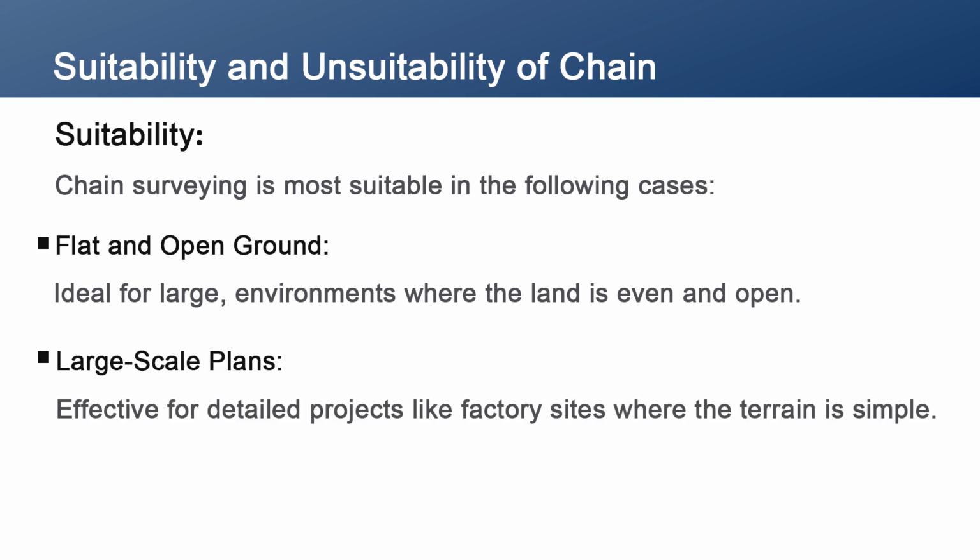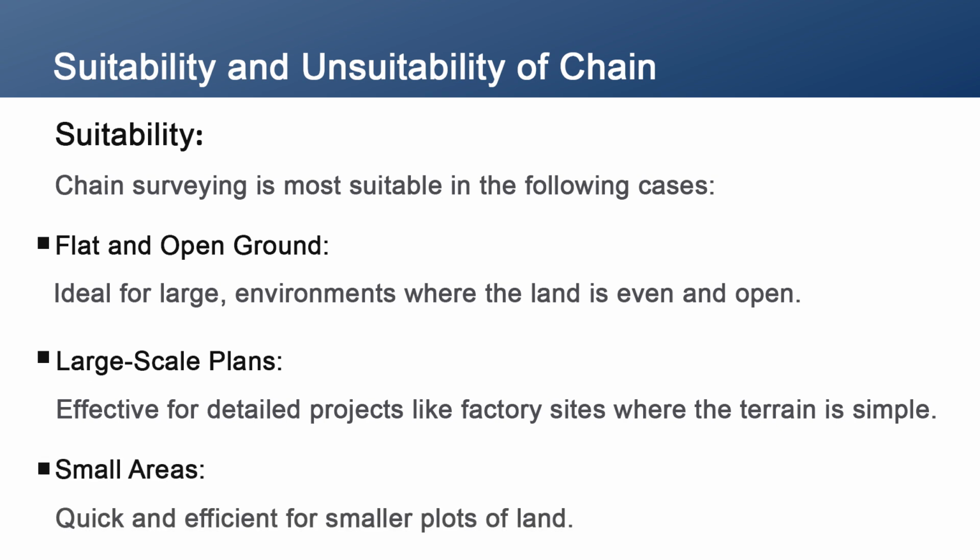Second, large scale plans. When you are working on a large scale project like mapping out a factory site, chain surveying can be quite effective, especially when the area is not too complex. Third, small areas. For smaller plots of land, chain surveying is ideal because it is quick and straightforward. Yes, these are the suitable areas where chain surveying is done.